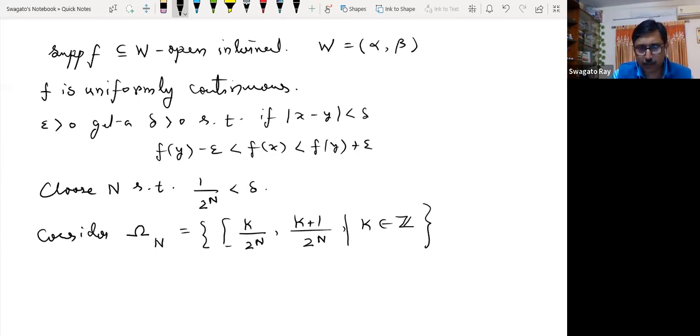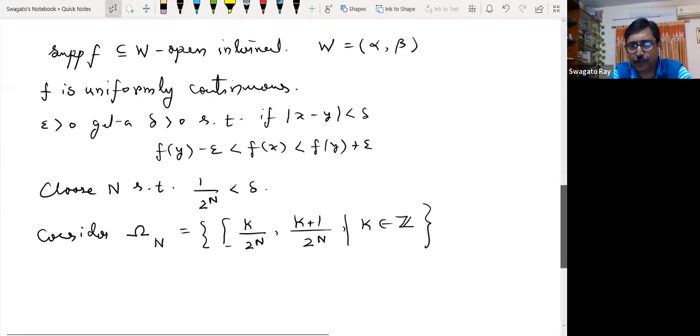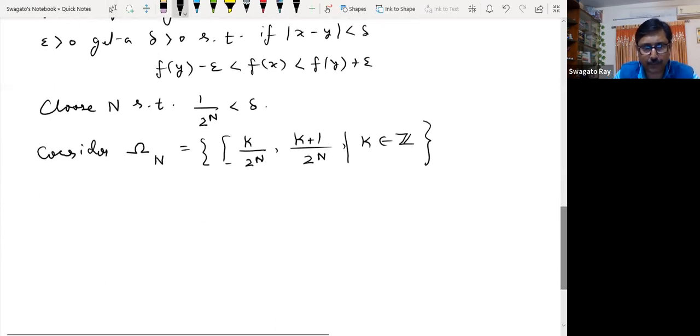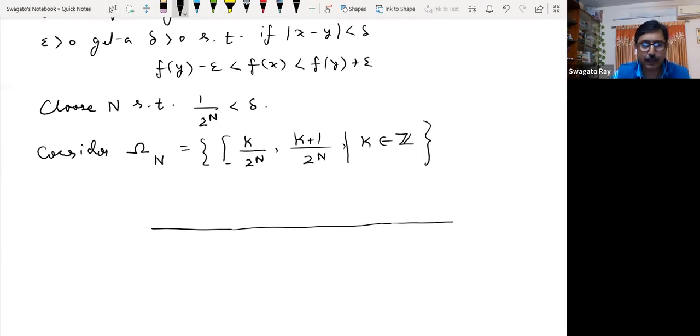Now, I want to define two functions G and H for you, but for that, I think it is better to draw a picture. So here is the picture. This is your whole real line. Let's draw a big picture. Suppose this is my alpha. Suppose this is my beta. My function is supported inside this alpha and beta.